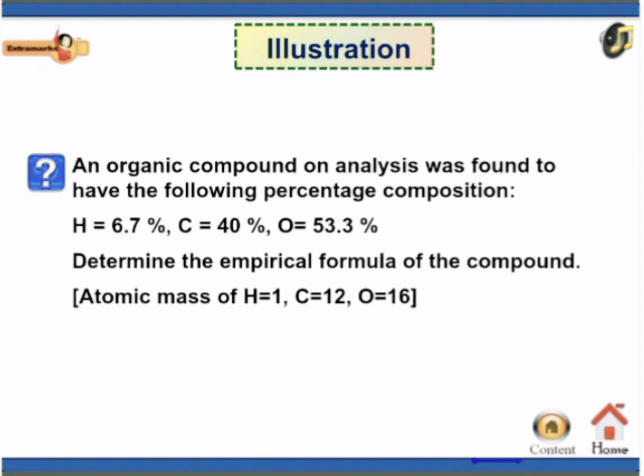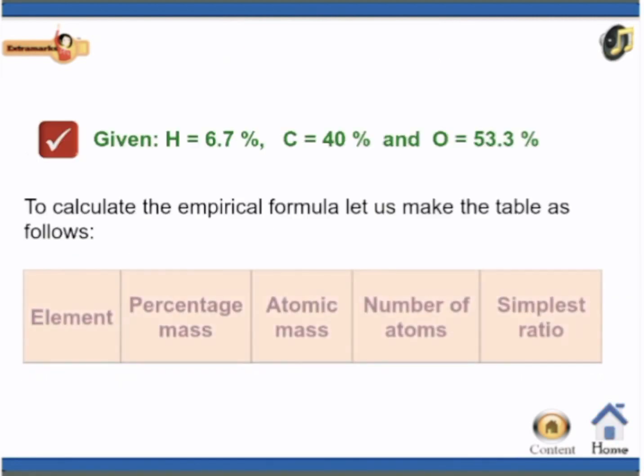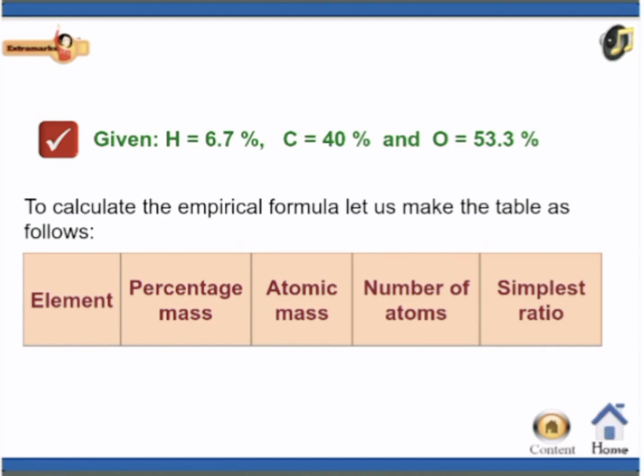Let us solve a numerical. An organic compound, after analysis, was found to have the following percentage composition. Hydrogen equal to 6.7%. The numerical can be solved by following the given series of steps. To calculate the empirical formula, let us make the given table.